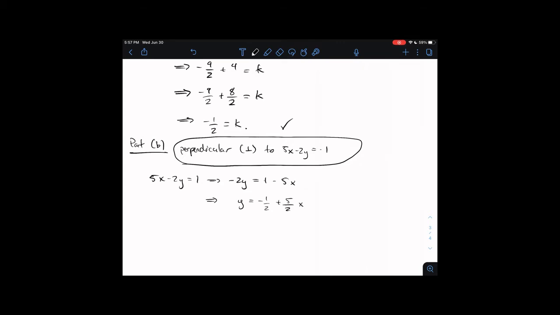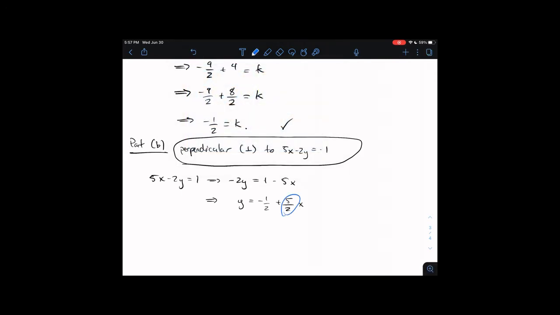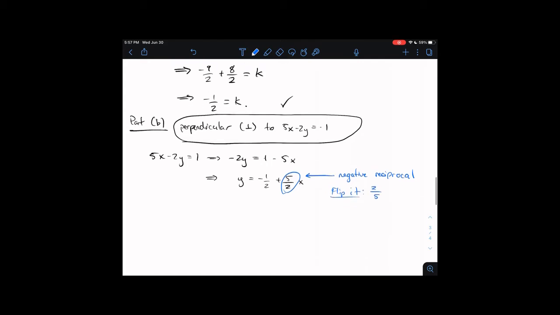All right, so now here my slope is 5/2. And then I want the negative reciprocal. So that means I flip it. That's the reciprocal part. So I get 2/5 and then negate it.